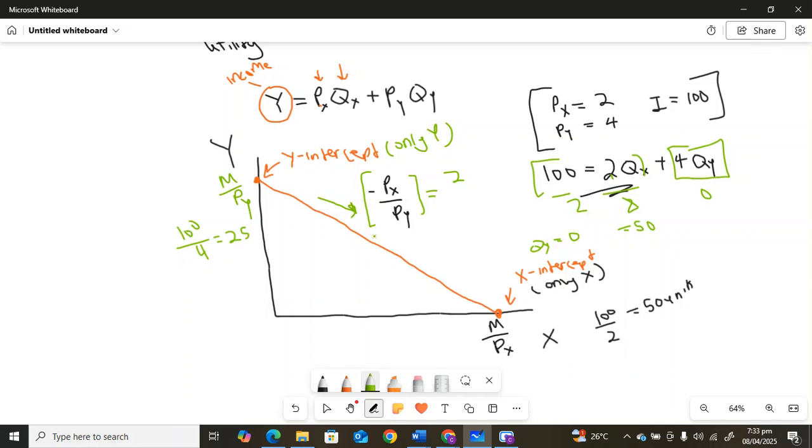So our slope here is the same as negative 2 over 4, which can be simplified to negative 1 over 2. So this is how we can interpret the slope.